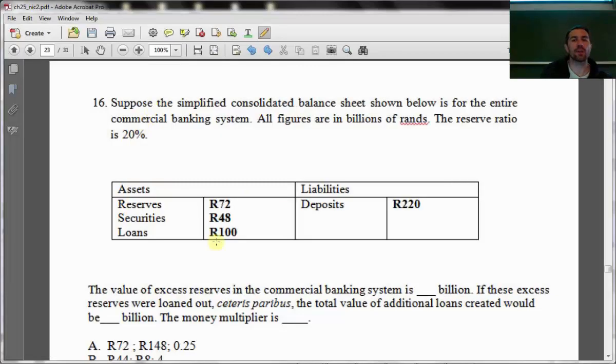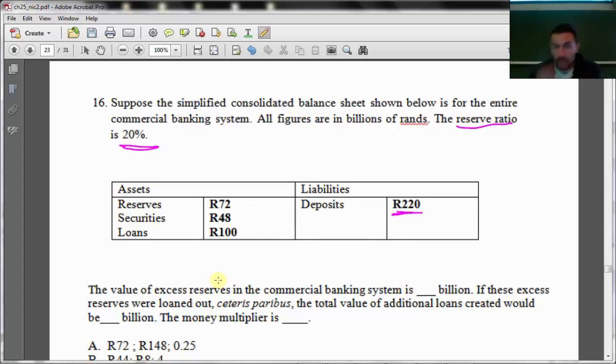What are we told here? The banking system in aggregate has a balance sheet that looks like this, and you're told that the reserve ratio is 20%. So you need to keep 20% on reserve. 20% of what? Deposits. So what is the value of our deposits?